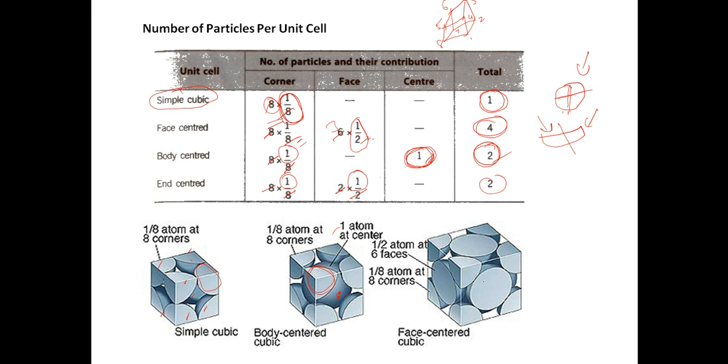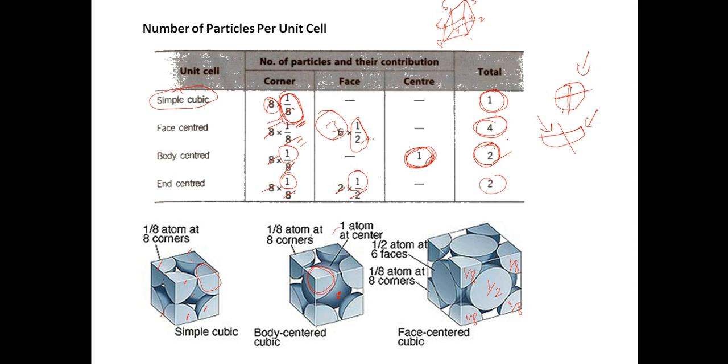In case of face center, you can easily see this is the face in which half of the atom is present, and this is the 1/8 part, and this is also 1/8 part, and this is also 1/8 part. So atoms present at the corner contribute 1, and atoms present at the 6 faces contribute 3.